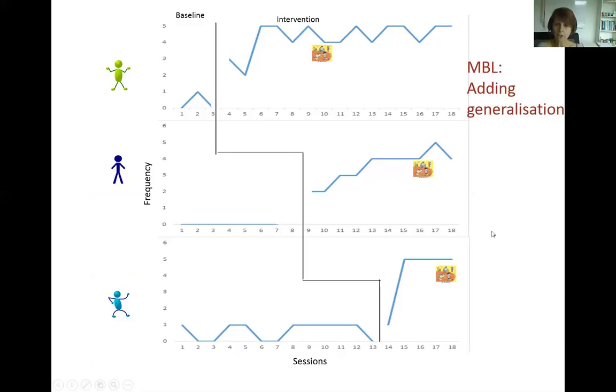The other thing that we can do is add a generalisation session. So we could conduct all of these sessions across our 3 participants in a clinic, and then we might every now and then have one session where we move into the home situation just to see whether or not in an individual variation or a specific variation in an individual session where we do get some generalisation.